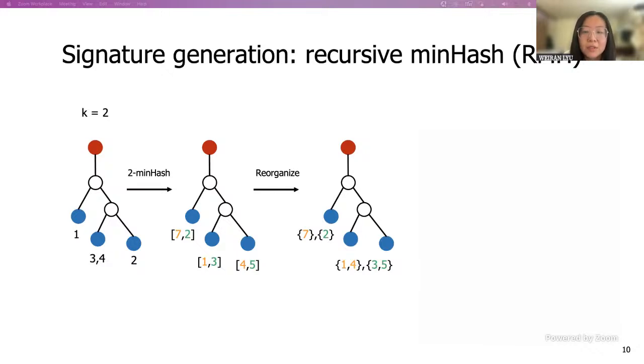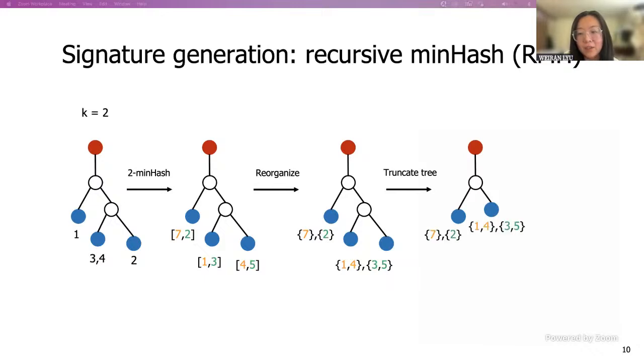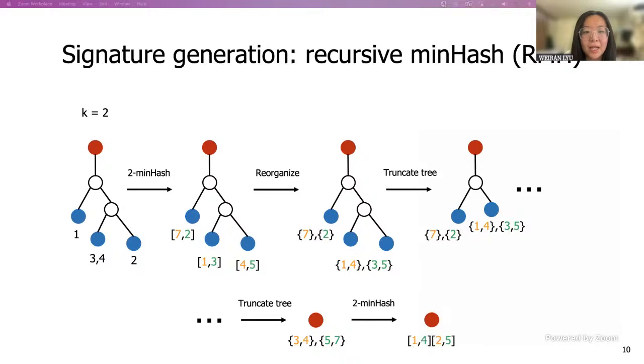Now hash values coming from the same hash function are in the same set. Then we move one level up by taking the two sets to their parent and truncating the old leaf nodes. We recursively perform these steps until we reach the root node, and then we apply 2-min hash again to get the final signature after concatenation.